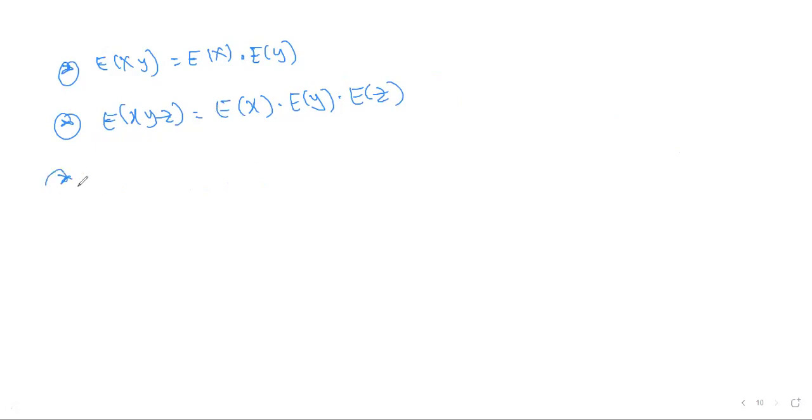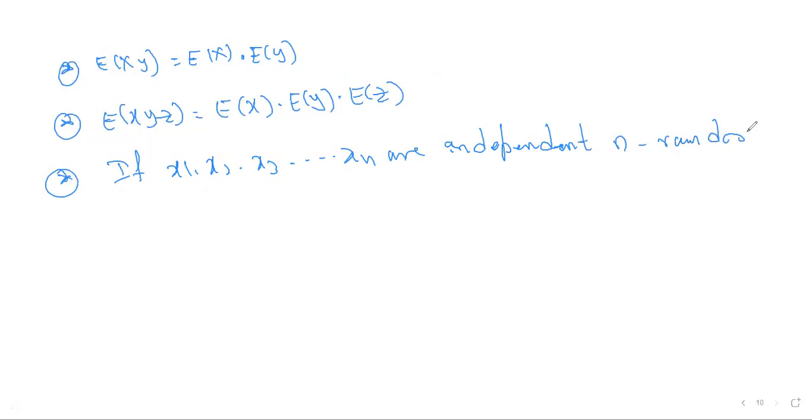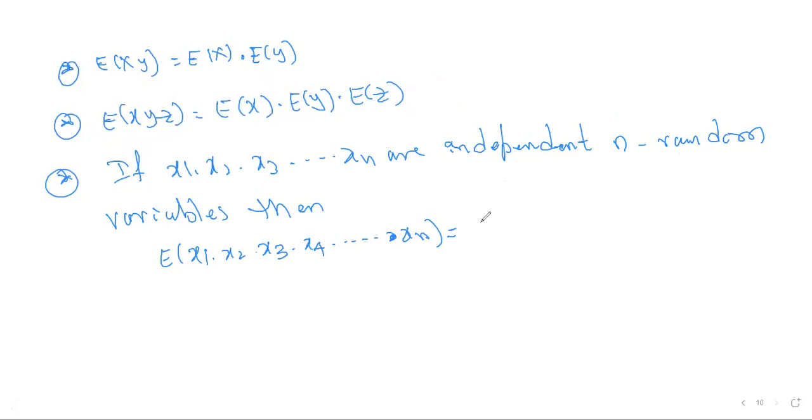So the general format: if x1, x2, x3, and so on up to xn are n independent random variables, then the expected value of x1 into x2 into x3 into x4 and so on up to xn is nothing but the product of their individual expectations.